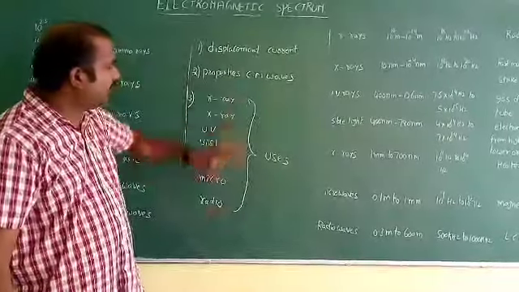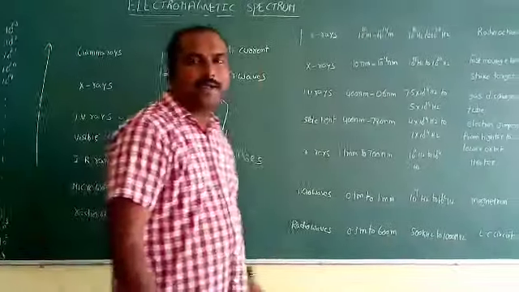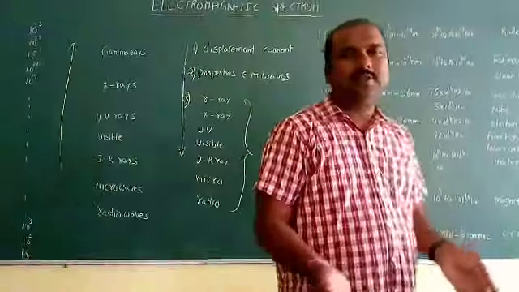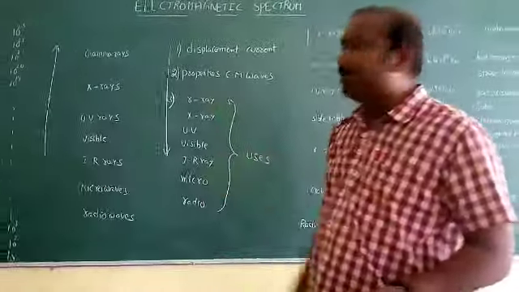All these uses you have to learn. So that is the reason this is a very small topic. Everybody can learn easily. The weightage is also very low. It has only 2 marks weightage. So that is the reason you can learn easily.